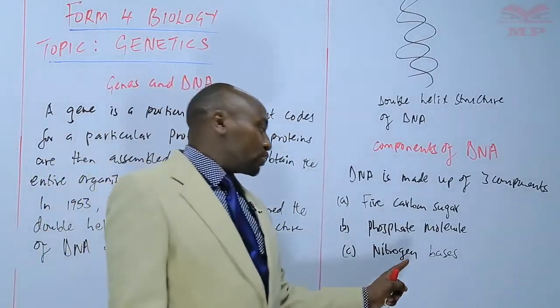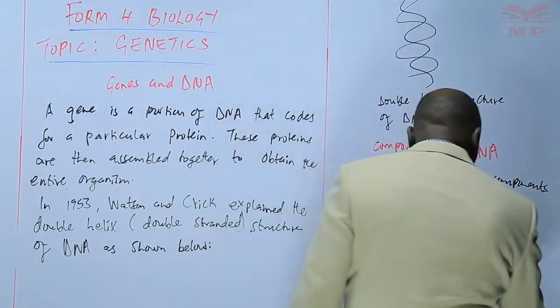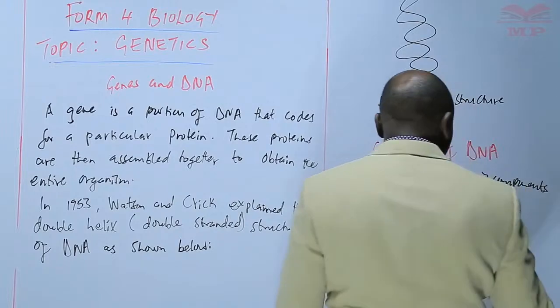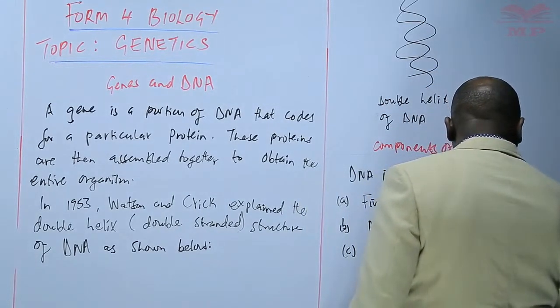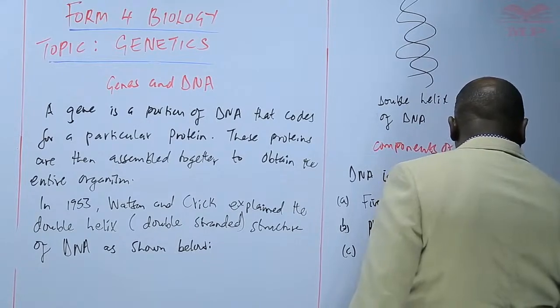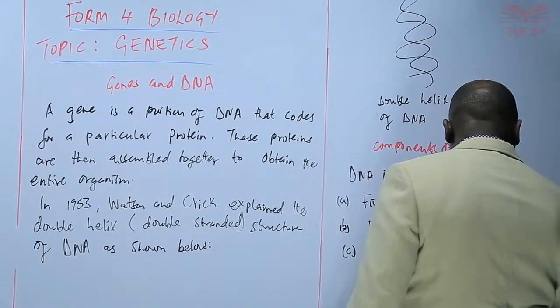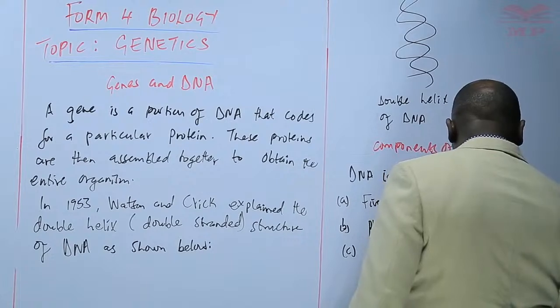There are different nitrogen bases, e.g. we have cytosine, there is guanine, there is adenine, and thymine.